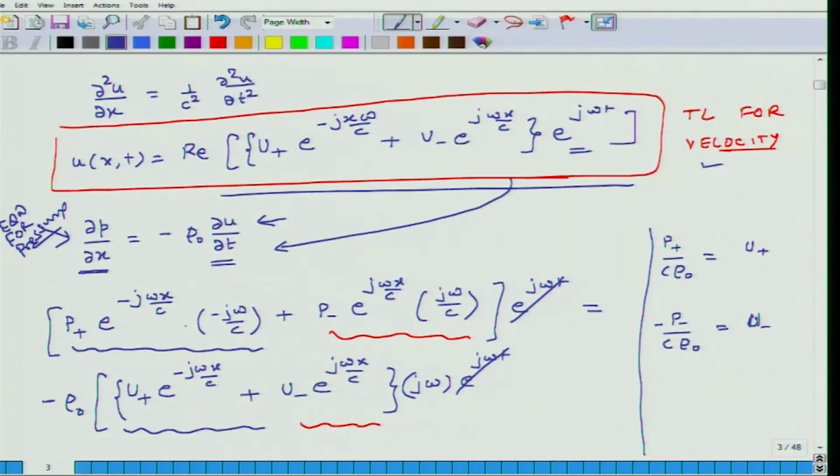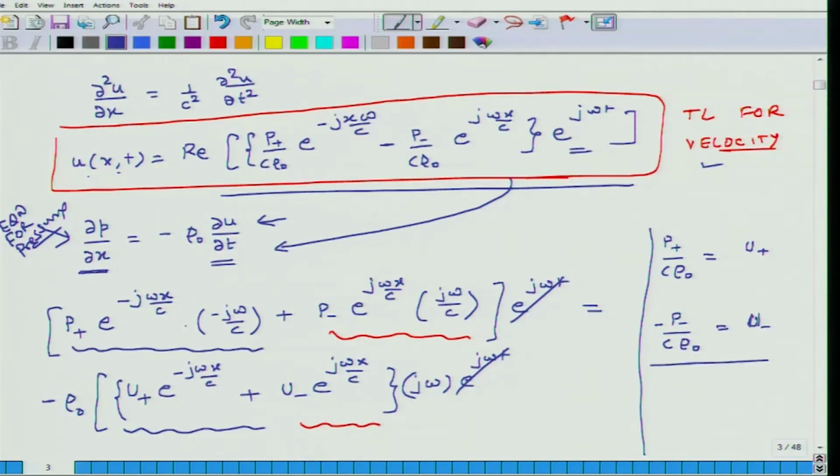Once I have this, I can modify the equation in red by replacing U plus by P plus by C rho naught, and replacing U minus by minus of P minus by C rho naught.